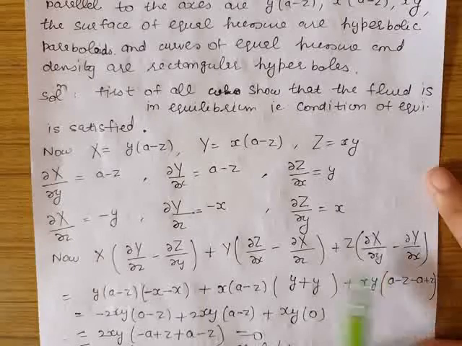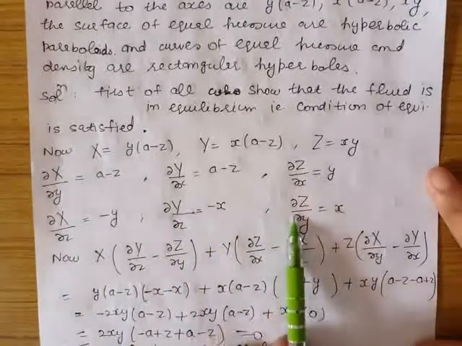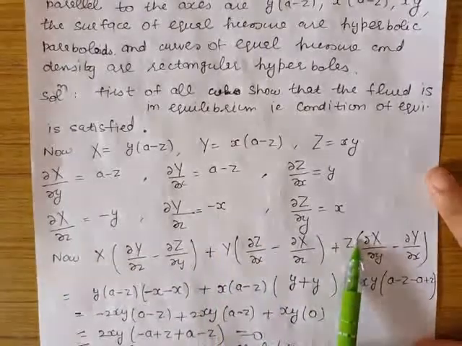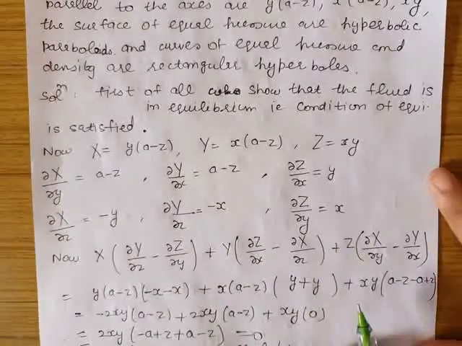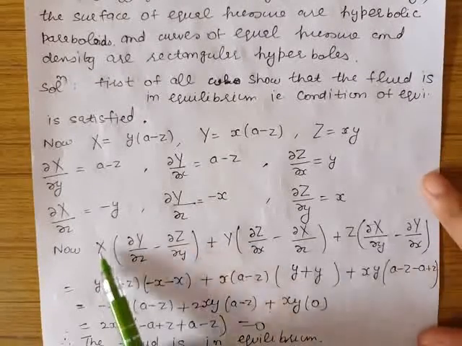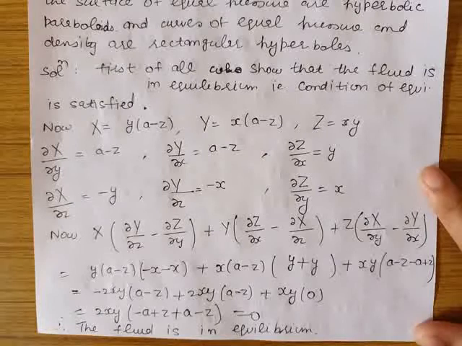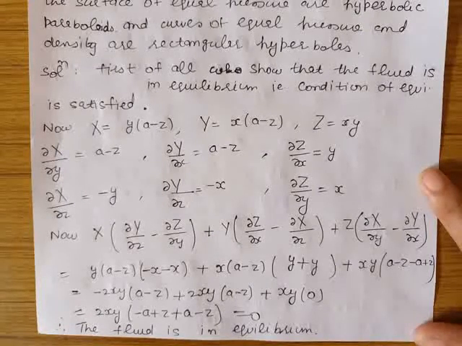Substituting the values of all these partial derivatives and capital X, capital Y, capital Z, after substituting the values, we can see that this expression becomes 0. So we can say that the fluid is in equilibrium.